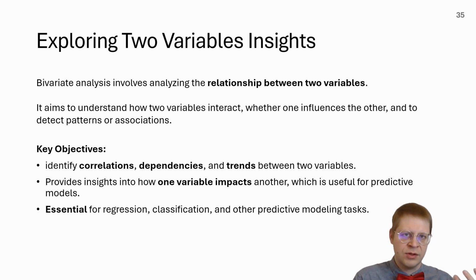And this is a crucial step in understanding dependencies and correlations, which are the backbone of predictive modeling. We'll also try to find trends between two variables and how one impacts another. And without this analysis, there will be no regression, classification, and any other predictive modeling.